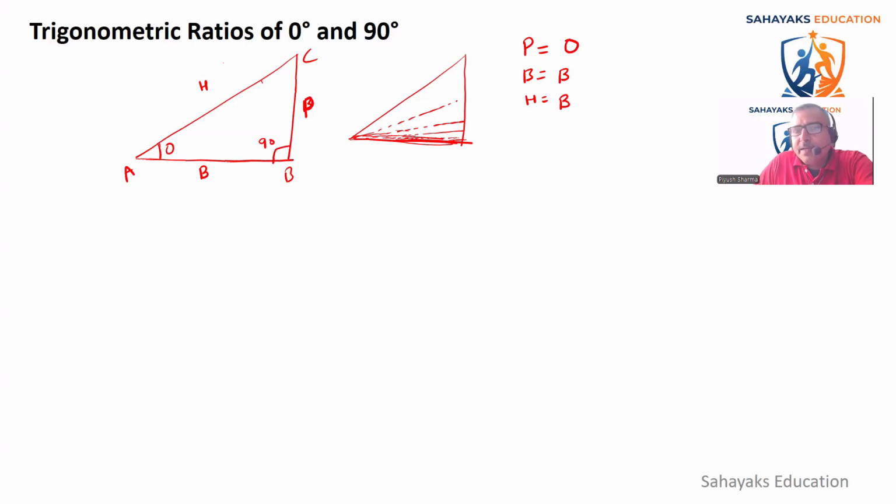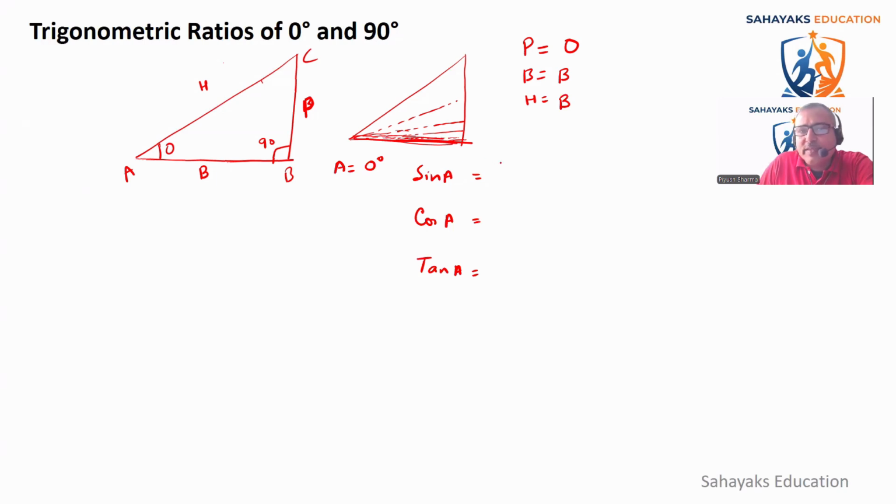Now, if you have to find the ratios here, when A is equal to 0 degree, then sin A, cos A, tan A. I'm finding these three, then I'll do the reciprocal of those. Now, what is sin A?